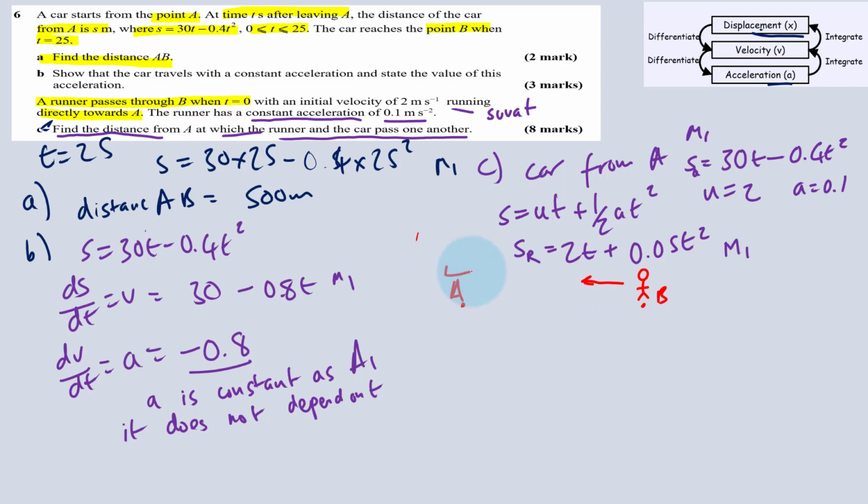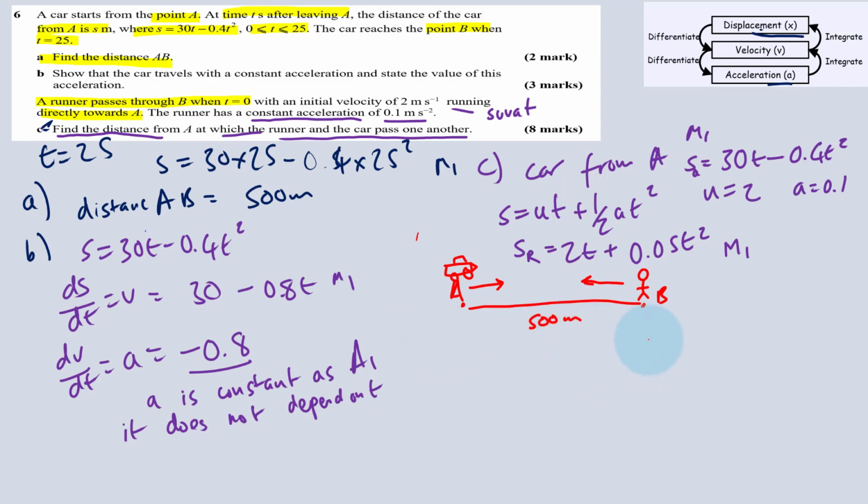Now the car is going this way, and that's 500 meters. And so when do they cross each other? That's what the question is asking, and you have to derive all this information from reading the question.